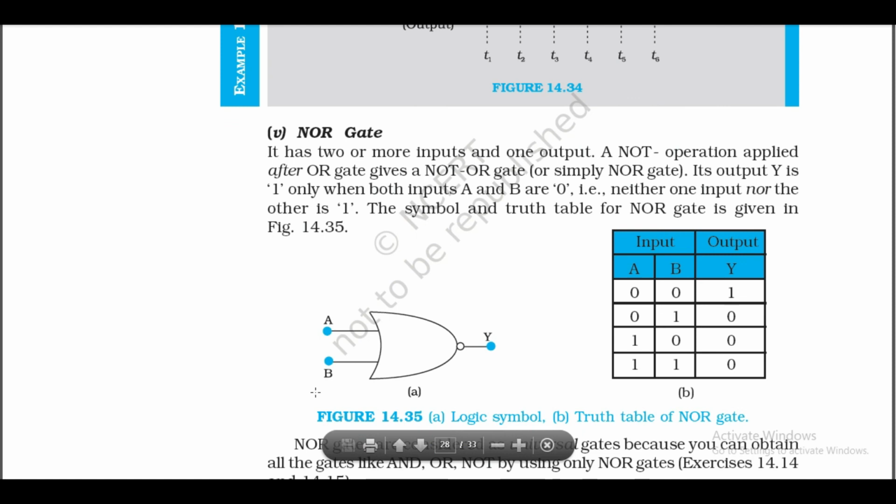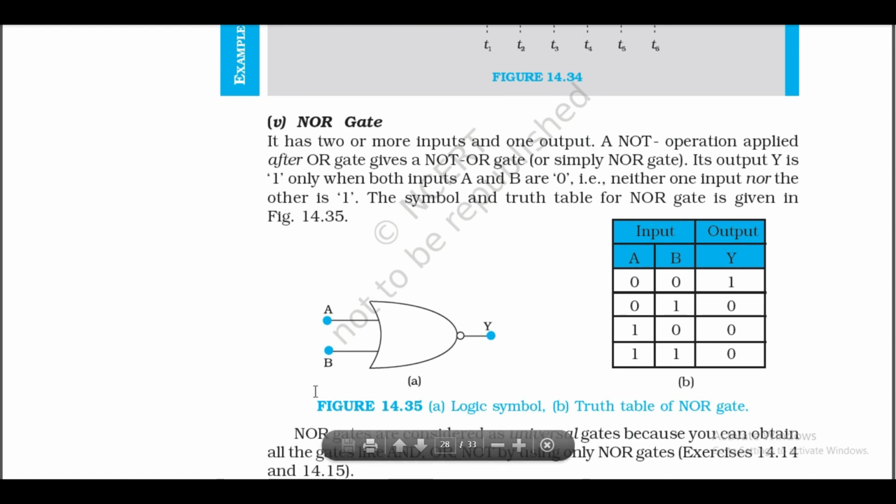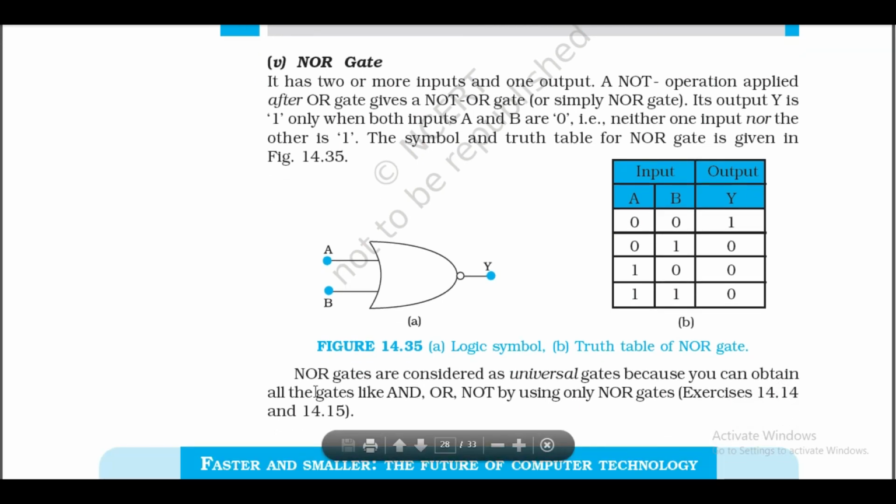Fifth, NOR gate. It has 2 or more inputs and one output. A NOT operation applied after an OR gate gives a NOT OR gate, or simply NOR gate. Its output Y is 1 only when both inputs A and B are 0. That is, neither input A nor input B is 1.